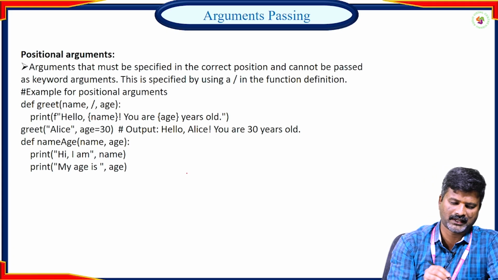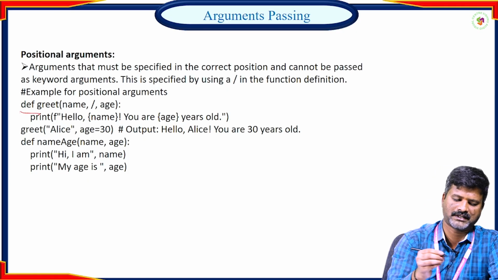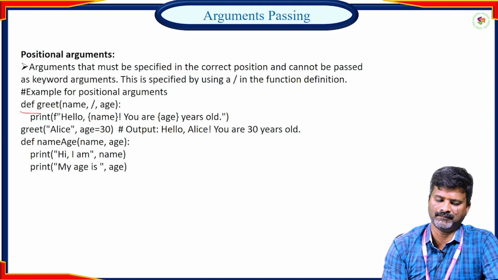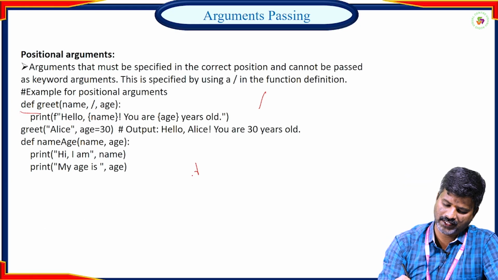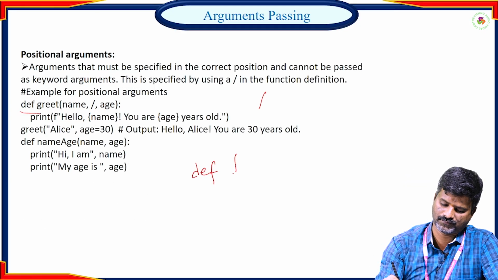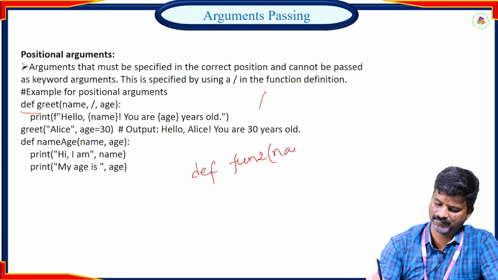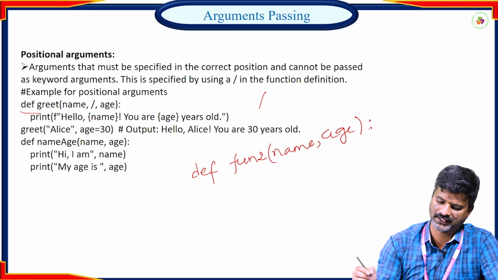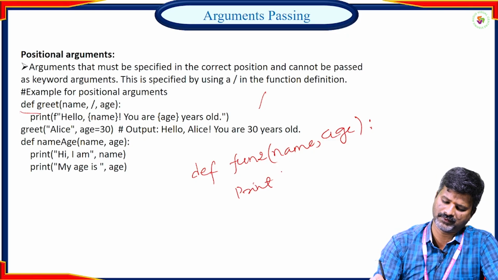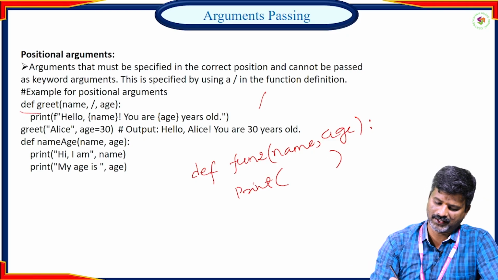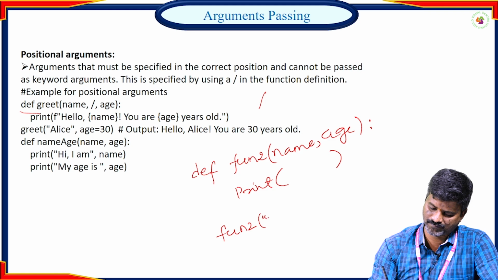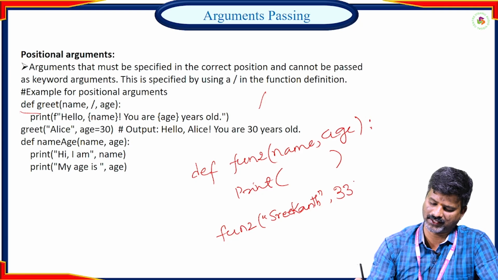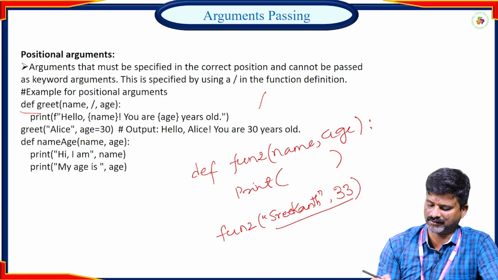If you observe this example of positional arguments, you define a function, def fun2, with name and age, and inside it I write some logic, like printing. Then I call fun2 and pass the name Sreekanth and age 33. In whatever order you pass them, the values are stored in the same way.